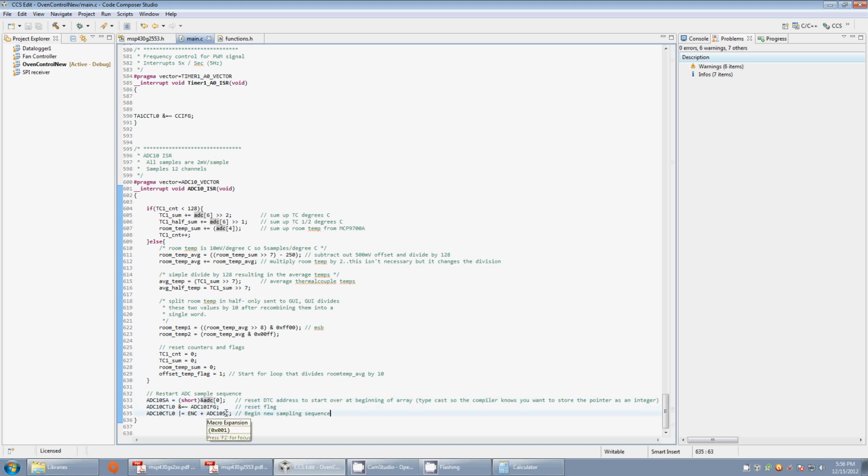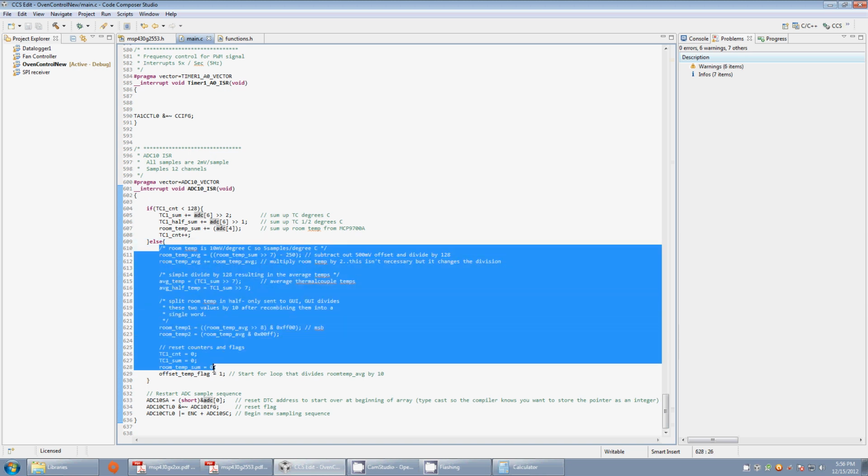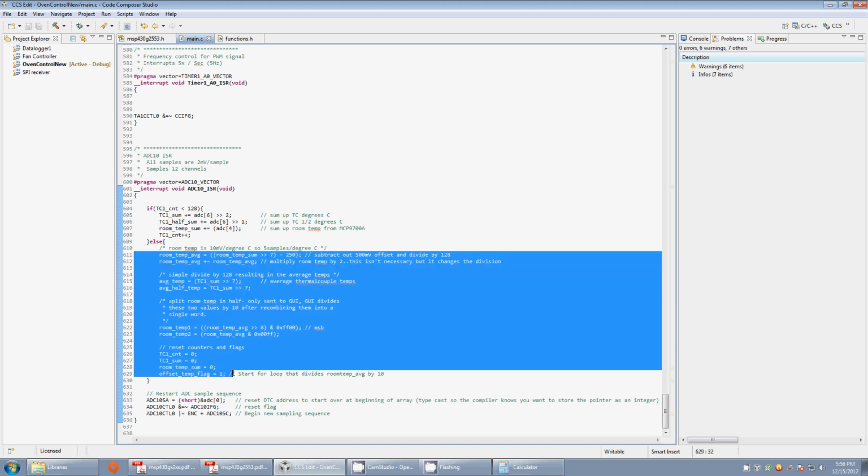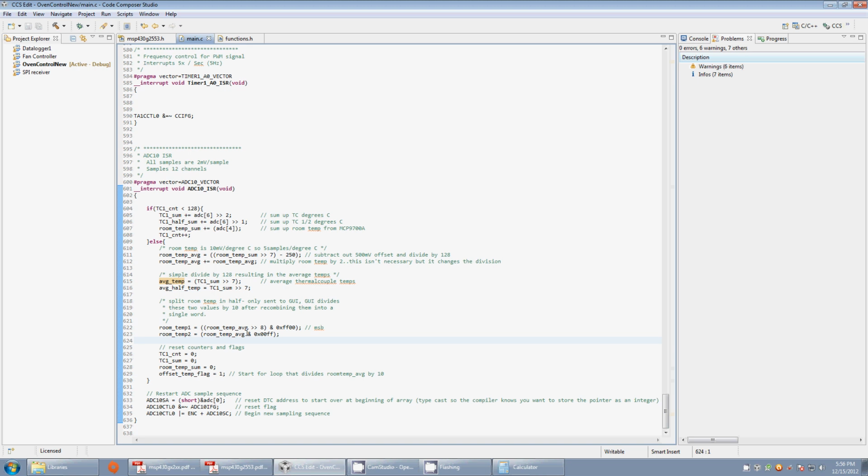And remember, this only interrupts after all the samples are taken and stored by the DTC. So we restart this whole sequence again. And so we do this constantly, and we do this 128 times. After 128, we take all these averages and save them. So everything in here is what we're working off of with the temperature algorithms and control algorithms.